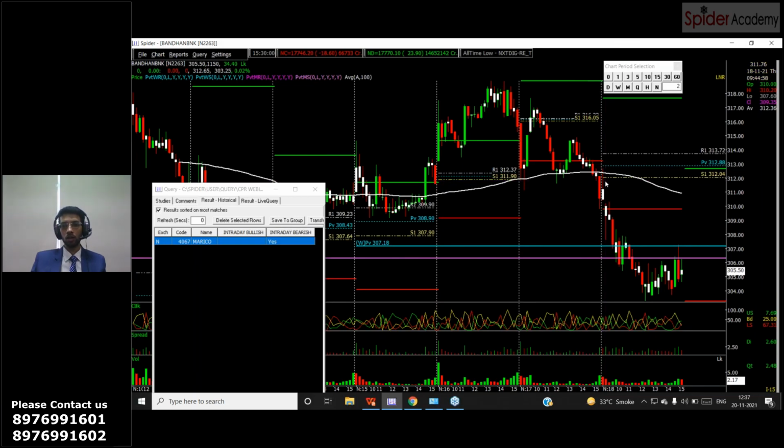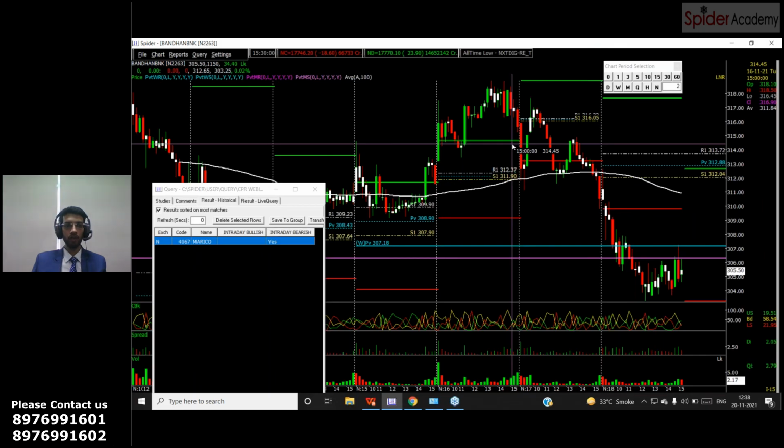This is yesterday's candle, which satisfies all the conditions except the 100-day adaptive moving average. So this is known as condition not satisfied, because it doesn't satisfy all the 5 conditions, it satisfies only four conditions. So where all five conditions are not satisfied, we should not trade those stocks at all.